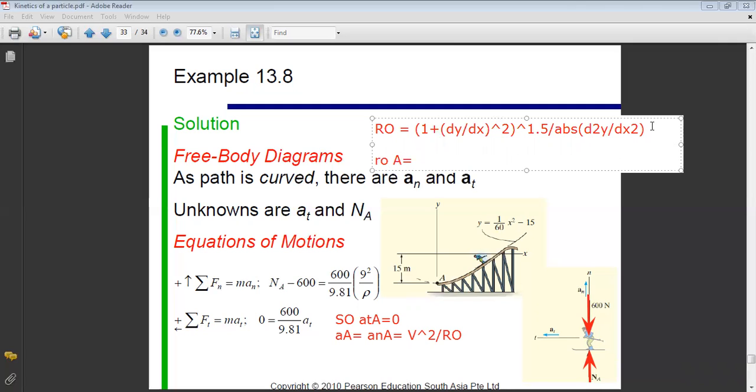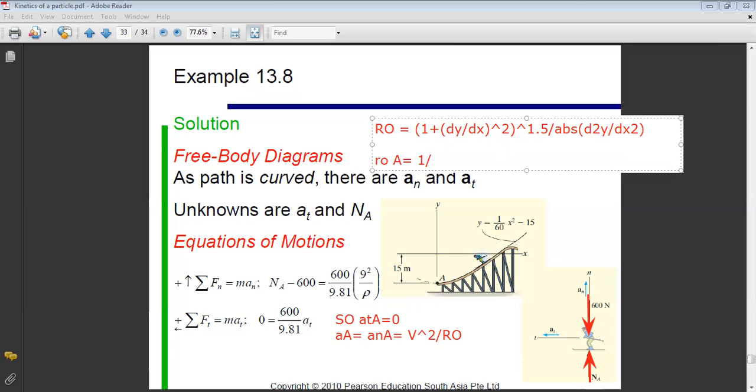It's equal to 1 plus, we said that dy over dx is 2x over 60, which is x over 30. But since at A, x is 0, it's 1 plus 0 to the power 1.5. 1 to the power 1.5 is 1. So the numerator is 1, over the absolute value of the second derivative of y with respect to x.